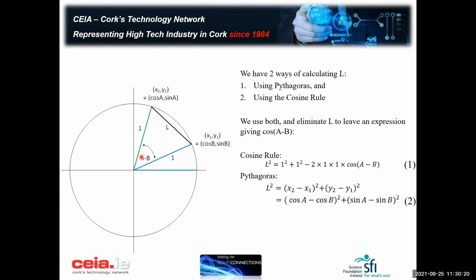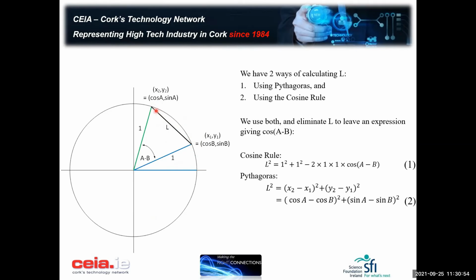If we work out the cosine of A minus B using the cosine rule, there's an unknown L in it. So we need another way of working out L, but we know the coordinates of these two endpoints. So we can use the formula from coordinate geometry for the distance between two points, which is effectively the Pythagoras formula, to work out L in another way.